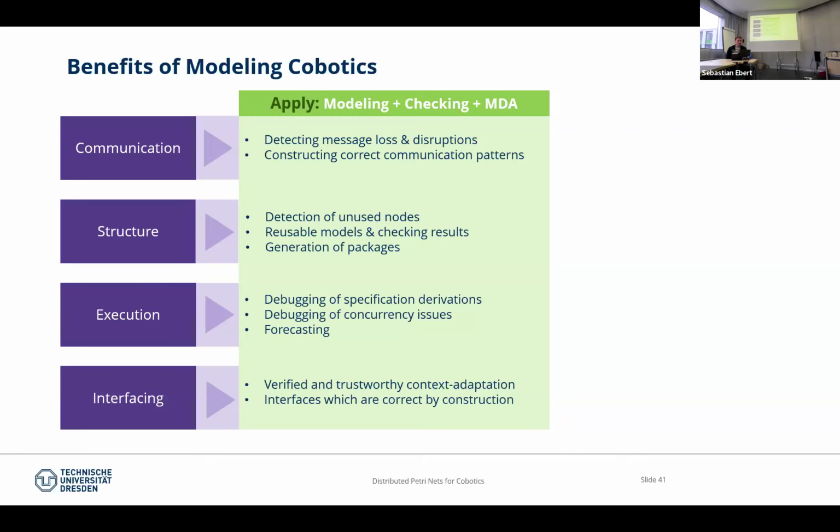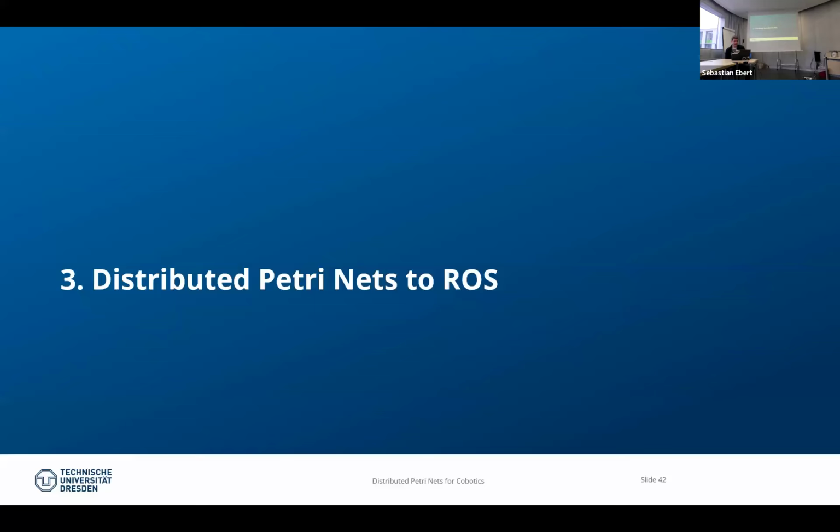And in terms of interfacing, we can create verified and trustworthy context adaptations because we can describe them formally with Petri nets and interface them based on that. And that again enables us correctness by construction because we start with a model and end in the code. So how do we do that? And the answer is probably my PhD thesis.